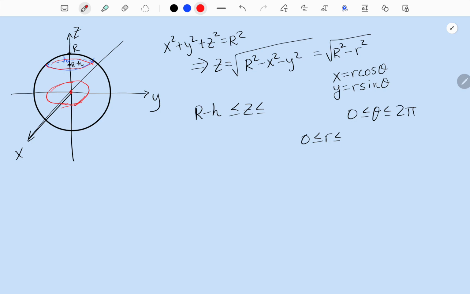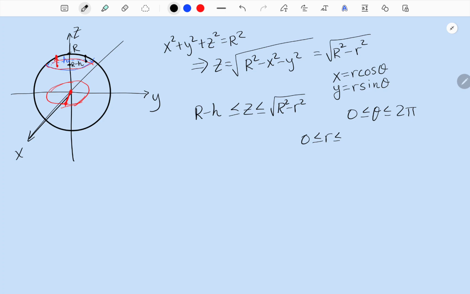The radius goes from 0 to the outermost radius, which I'll find later. But z will always go from r minus h, this height, up to the top of the cap, which is the square root of capital R squared minus little r squared.